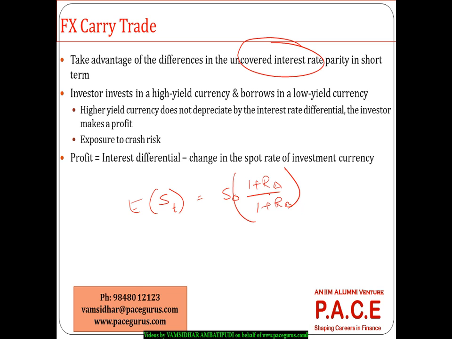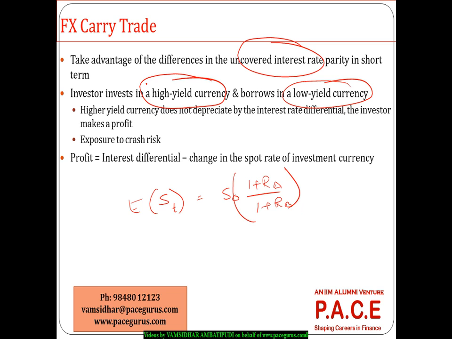He is more interested in investing in a high yield currency, the one giving more returns, and borrowing in a low yield currency. Investing in a high yield currency because the returns are much higher, borrowing in a low yield currency because the cost of borrowing is much lower. But what the parity says is, if that is the scenario, there should be a depreciation in the high yield currency.